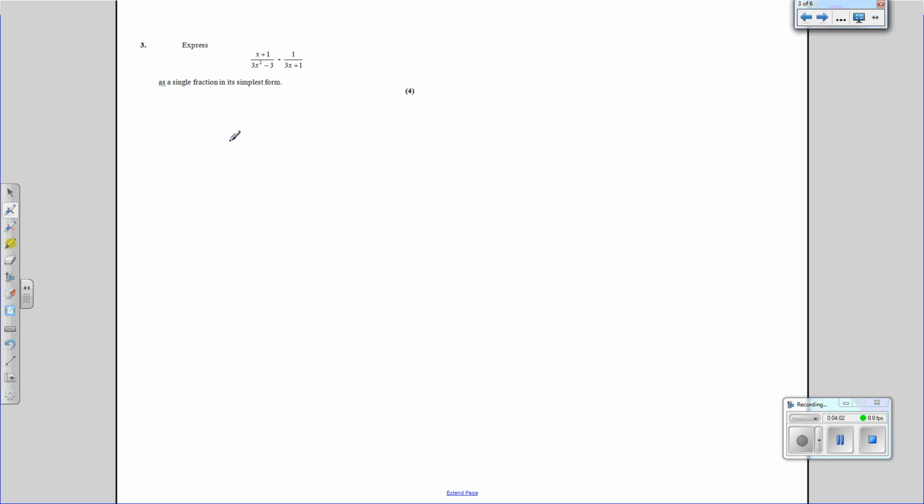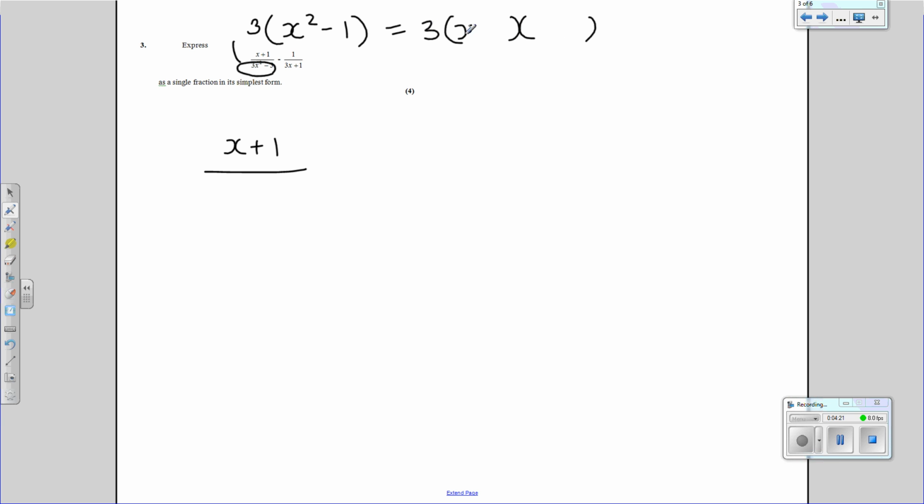So we need to factorise, and it does factorise because this bit on the bottom here, if you take 3 out, you end up with x squared minus 1, and of course x squared minus 1 can be written as the difference of 2 perfect squares, x minus 1, x plus 1, so you can put that on the bottom. So we've got 3 lots, don't forget the 3, x minus 1, x plus 1.